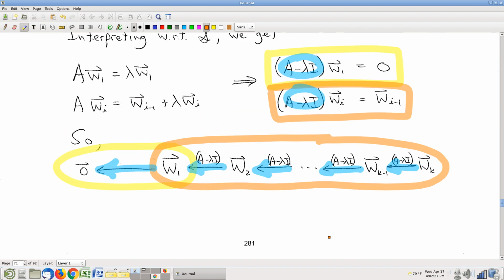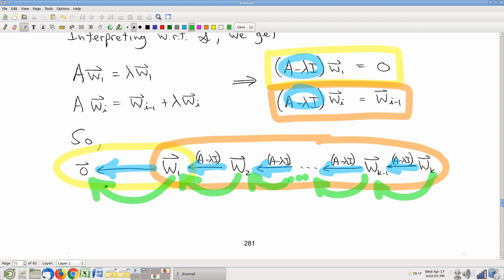Each additional factor keeps sending you back further in that list of Jordan basis vectors until you get to the eigenvector. And then the next term, which has yet another factor of A minus lambda I, sends you to 0.